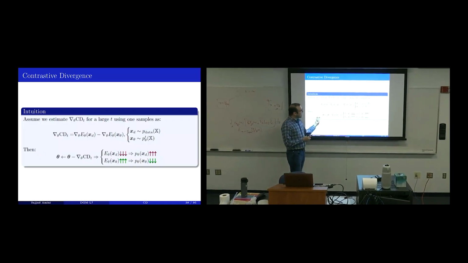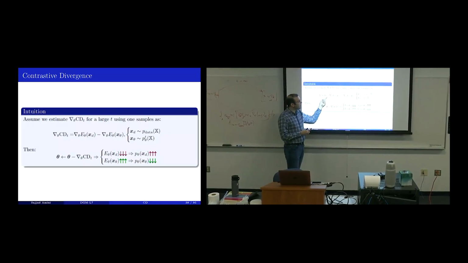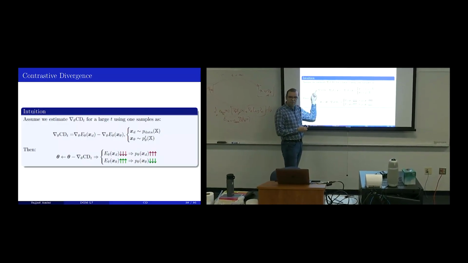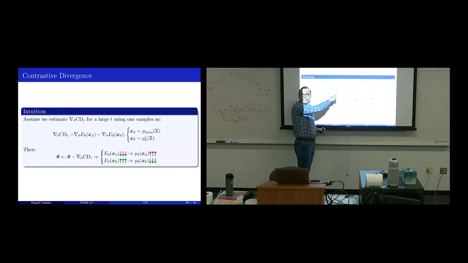If I update the model parameters such that it decreases this loss CDT, what happened? We are going in the direction that decreases energy at xd. Why? Because you are taking the gradient in the negative of this direction.